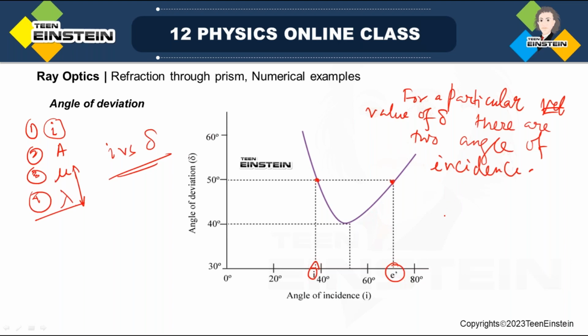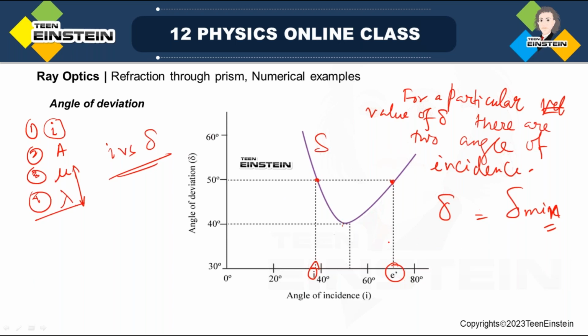But as we vary I, we will see that at a certain angle of incidence, the delta becomes minimum. For a particular value of angle of incidence, this delta becomes minimum at this particular position, right?